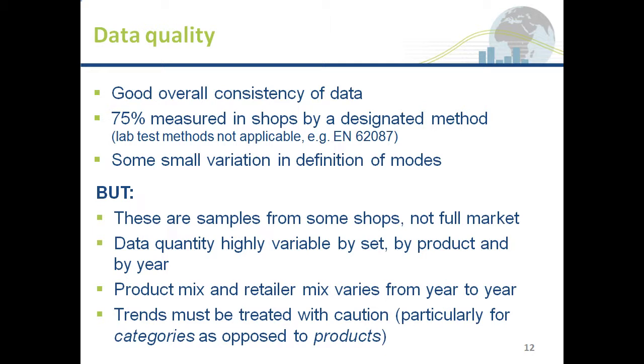So trends must be treated with caution, particularly for the graphs which show a category of product as opposed to individual products, because that has additional scope for significant changes in the mix of products included from year to year, and we'll explain a couple of those in more detail as we go through the graphs.